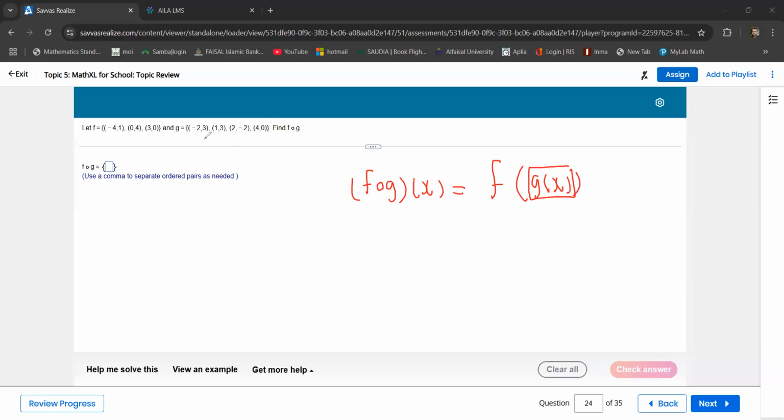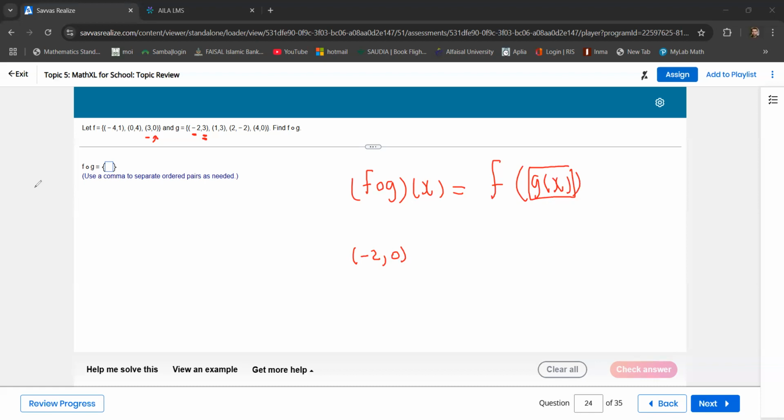So now, if we take the first ordered pair, the negative 2 gives 3 as an answer. So you check this 3 as an x value in the function f. See, the 3 here gives 0. So this will be the first ordered pair, that negative 2 gives 0.